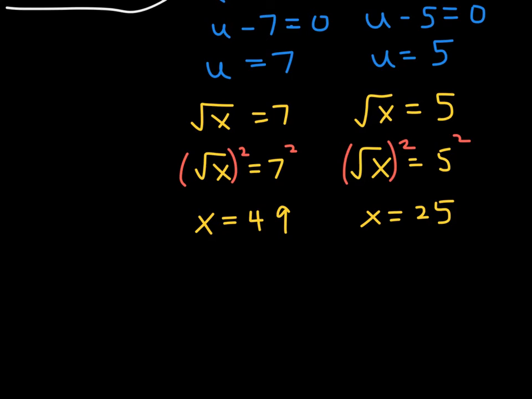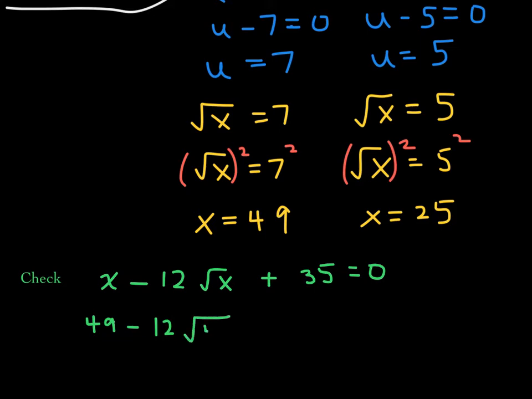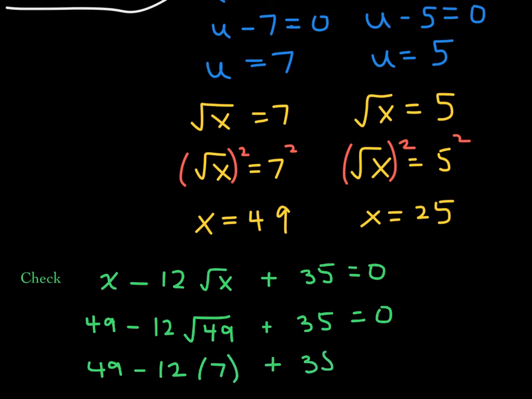Now, let's check these solutions in the original equation. Here's the original equation, and I'm going to plug in the numbers that I found. So 49 minus 12 times the square root of 49 plus 35 is supposedly equal to 0. So this is 49 minus 12 times 7 plus 35 is equal to 0.